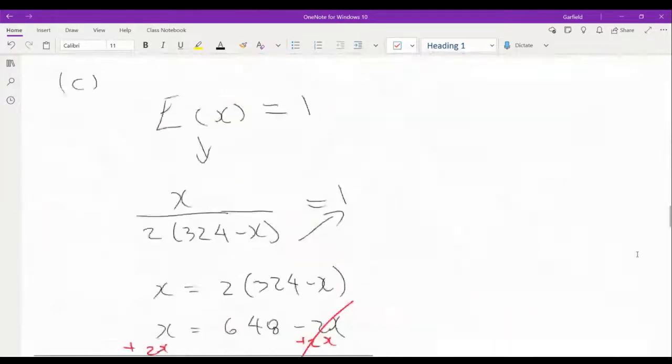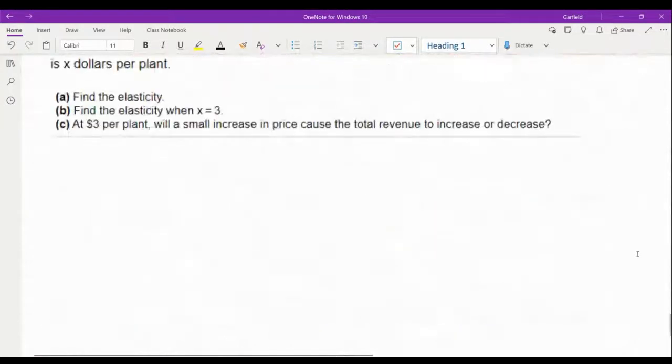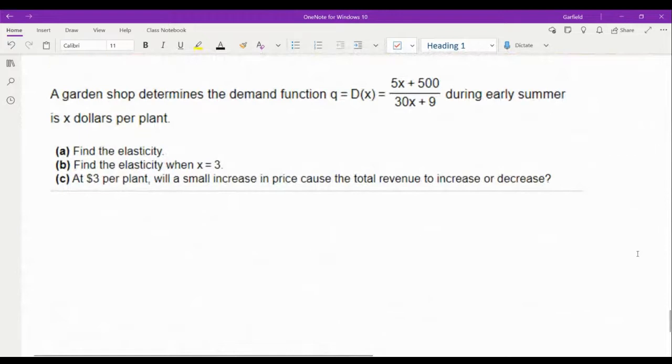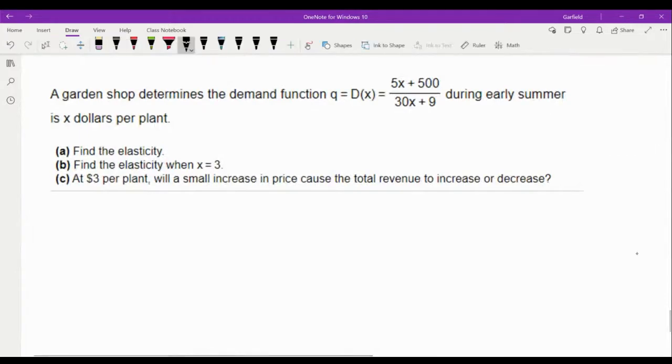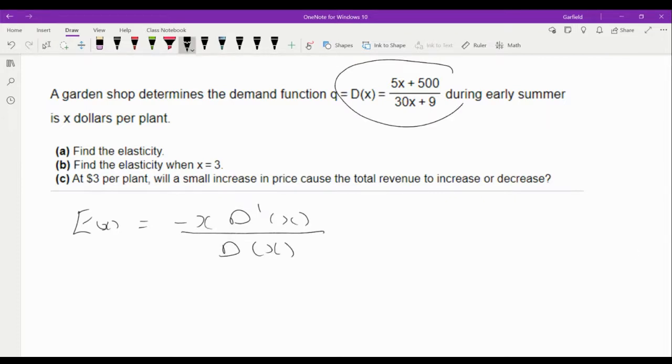So to find the elasticity, which is what they're asking us to do right here in part A, E of x is equal to negative x d prime of x over d of x. They've already given us d of x, which is here.